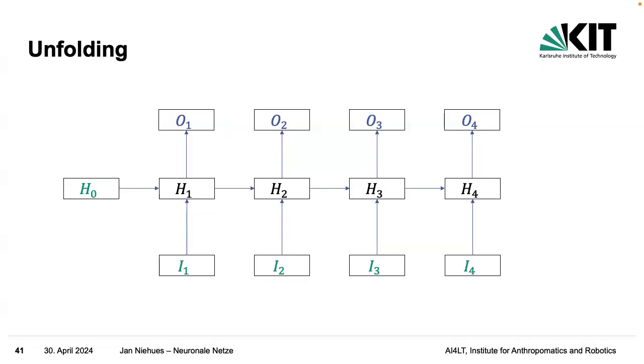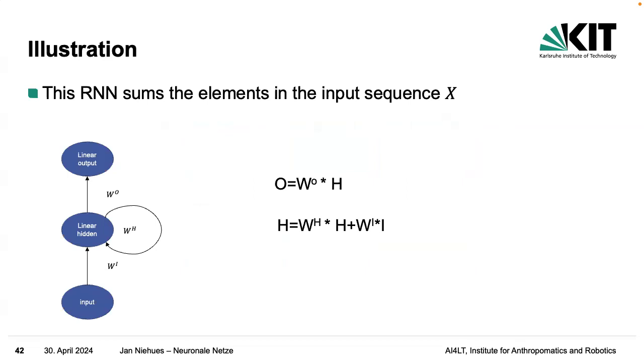Let's look at one toy example. Just imagine you want to have an RNN which just sums up your inputs. You're putting in numbers, and your output should always be the current sum of everything. To make the math easier, we're just taking weights here and no activation function in between.